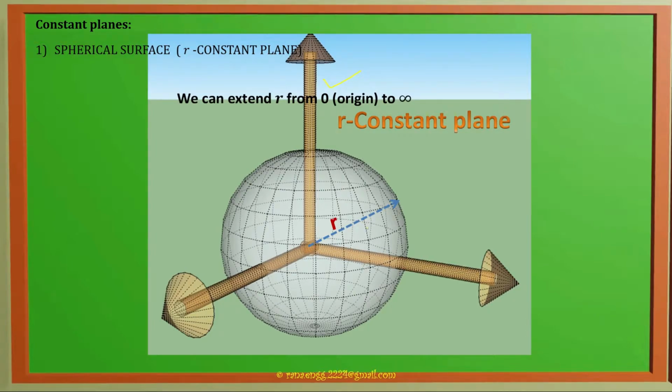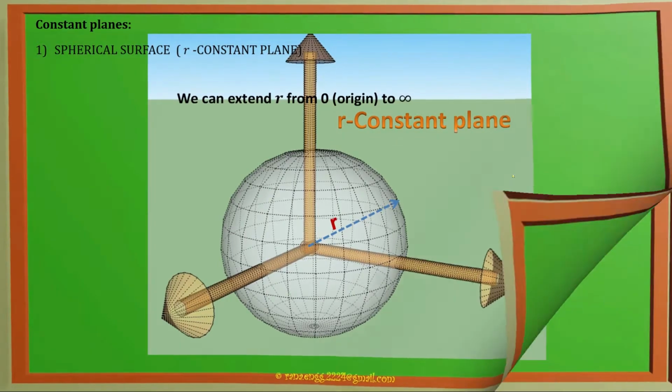So we have to use the limits of these particular parameters. So for radius r, the limit starts at 0 and this radius may go up to infinity. So limits for r are given as 0 to infinity. So this is our first parameter.